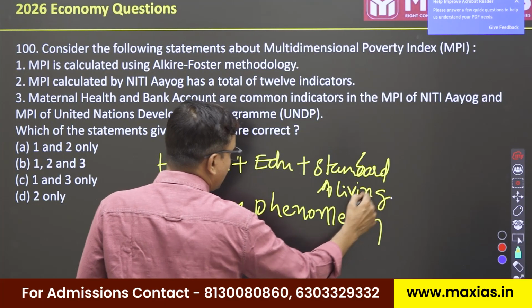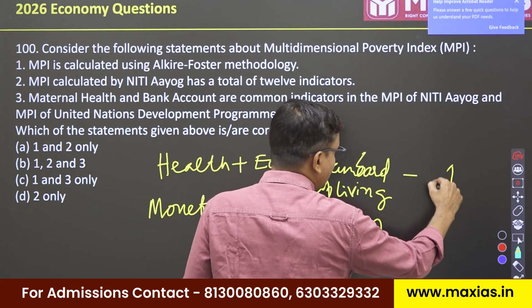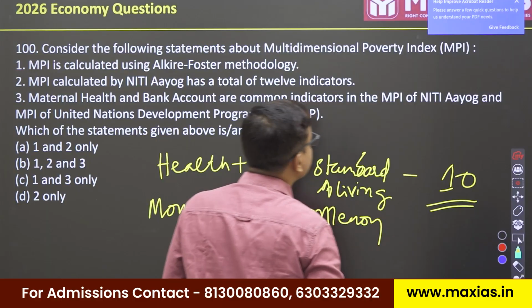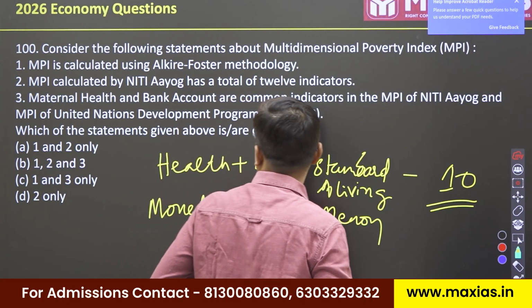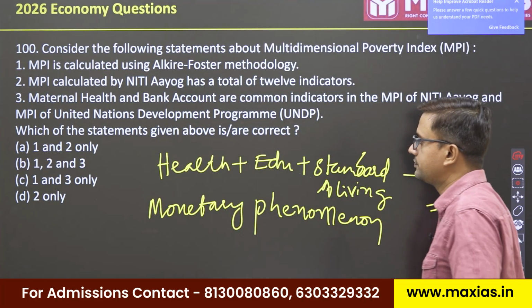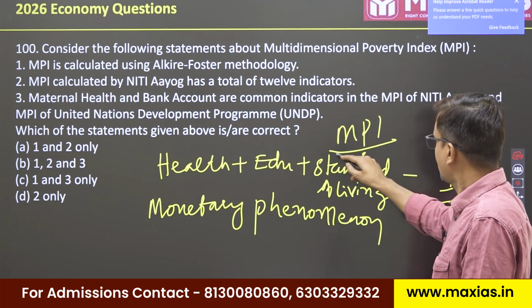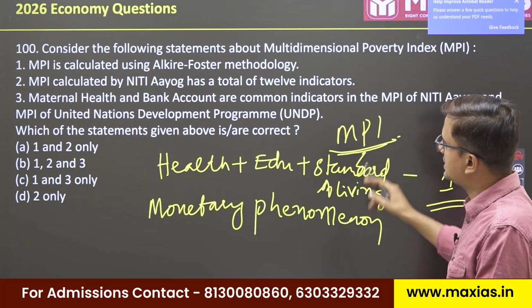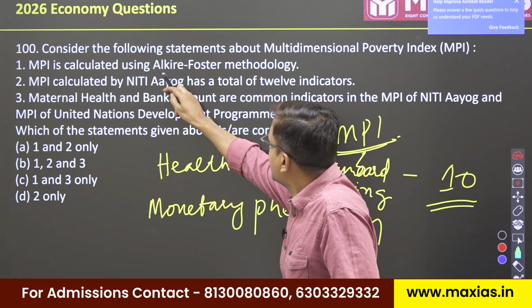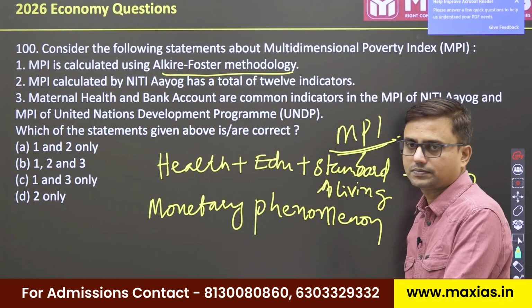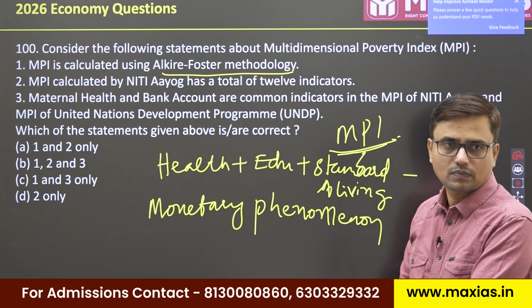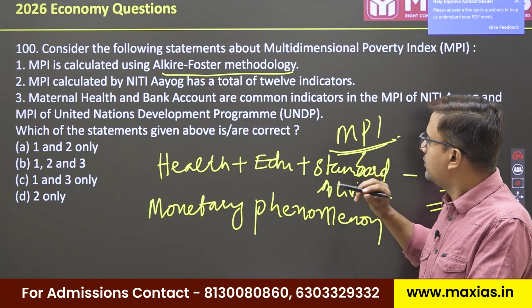Again, these three are subdivided into 10 sub-parameters. This is MPI. This MPI is developed using the Alkire and Foster methodology.